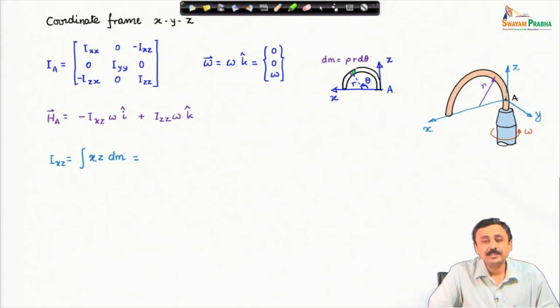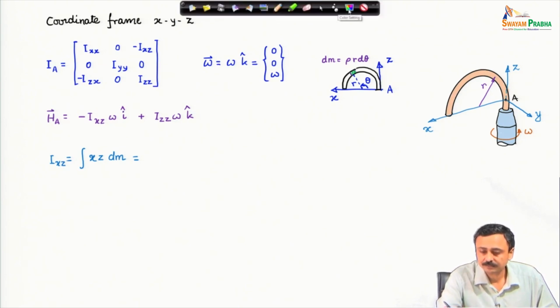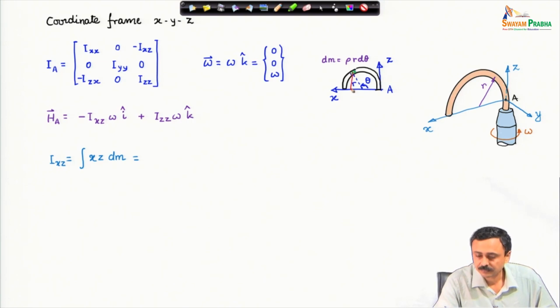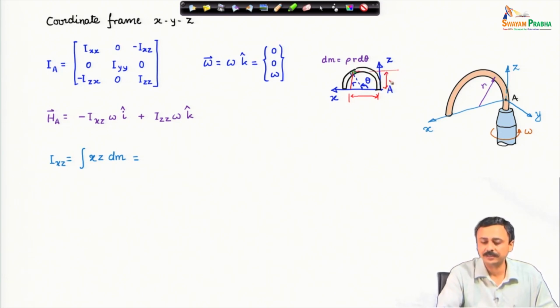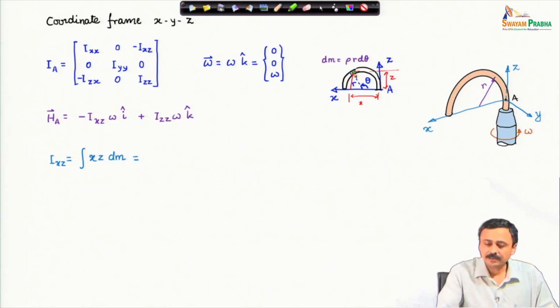And the x and z coordinates are required. These are easy to find out. For example, the z coordinate of this element is r sin theta, and the x coordinate of this element is r minus r cosine theta.